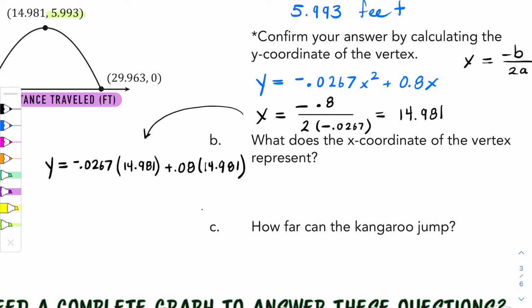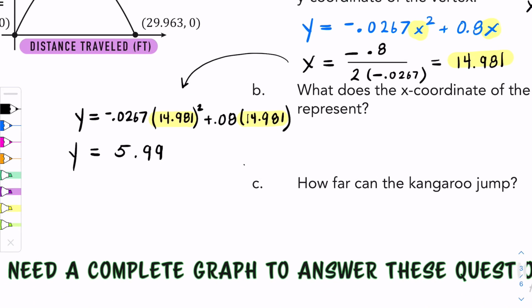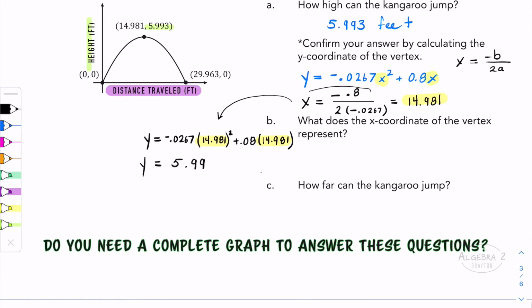So you can see wherever I had x in my original equation, I'm replacing it with 14.981. All right, when I simplify for this, I end up with 5.99 for my y value. All right, I found x up here, I found y down here. The question is asking us to confirm our answer by calculating the y-coordinate of the vertex. That's this coordinate, and we just confirmed that.